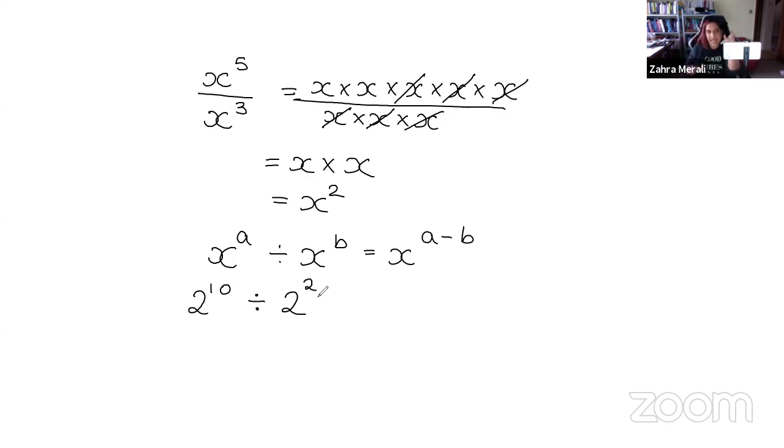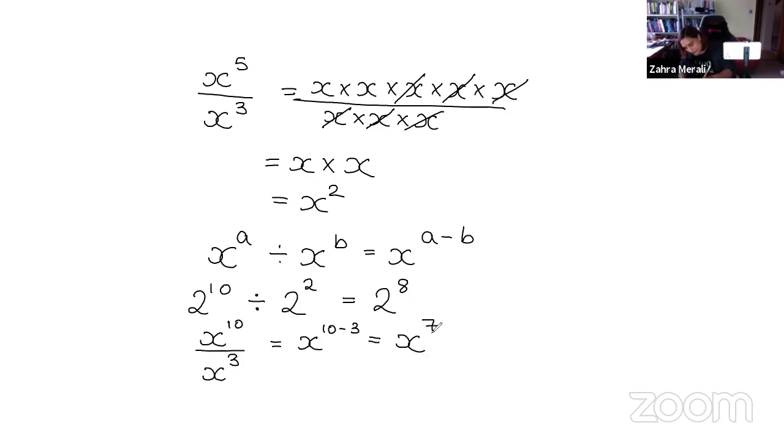In this case, your a is 10 and your b is 2, and you're taking them away from each other. So 10 minus 2 is going to give you 8. So that's just 2 to the power of 8, meaning 2 times 2 times 2 and so on, 8 times. If you have x to the 10 over x cubed, then you're going to have x to the 10 minus 3. 10 take away 3 is 7, so you've got x to the 7.